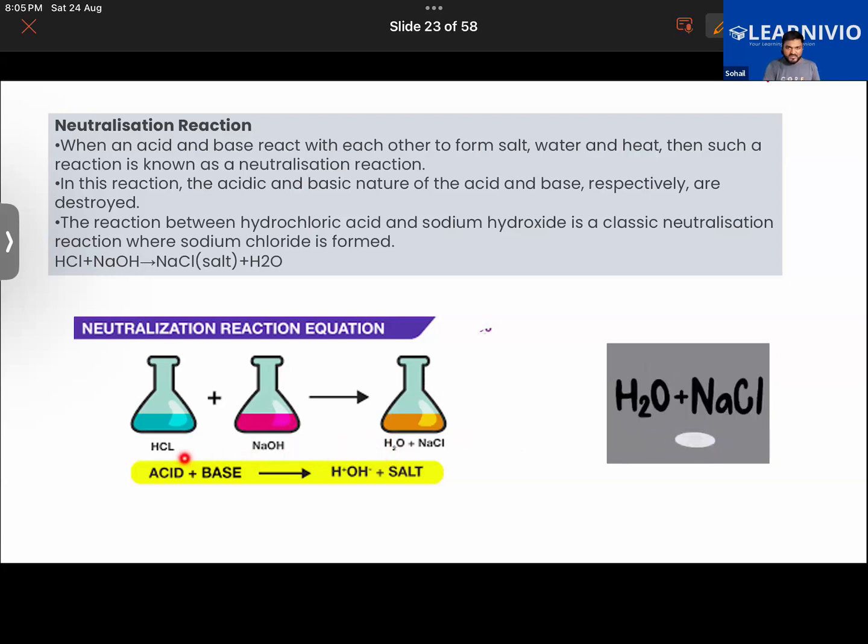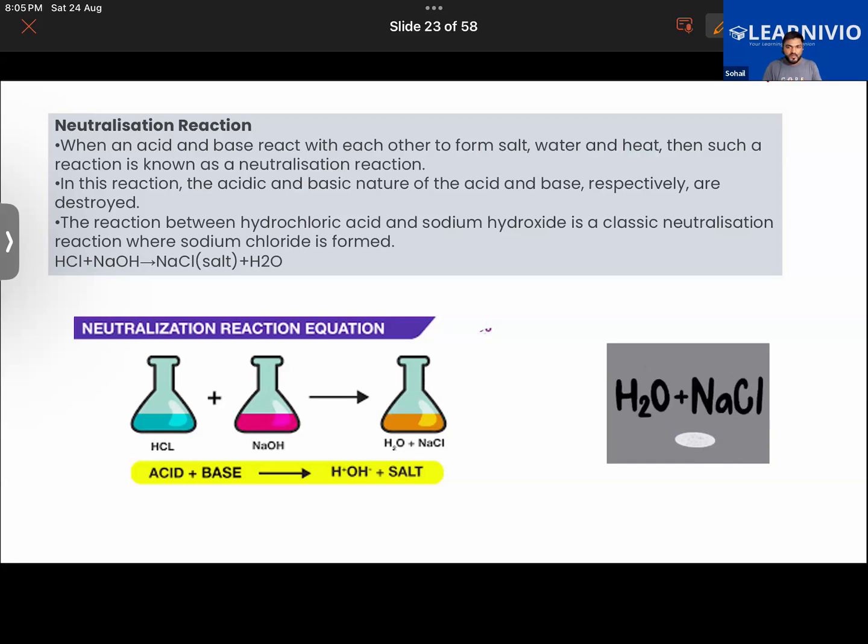We have an acid, hydrochloric acid, a base, sodium hydroxide, and in the end we get water and a salt. Getting it now? The product, this salt, doesn't have properties of an acid or of a base. It's a neutral substance. So the nature of the acid and base is destroyed in this reaction.